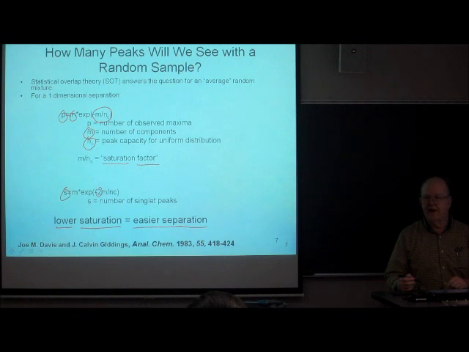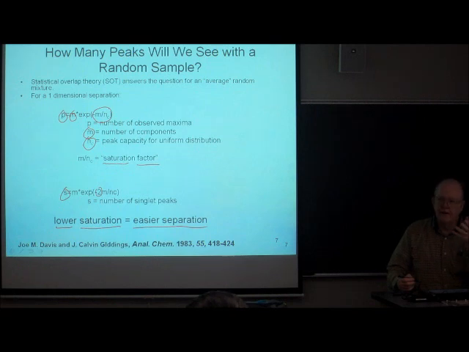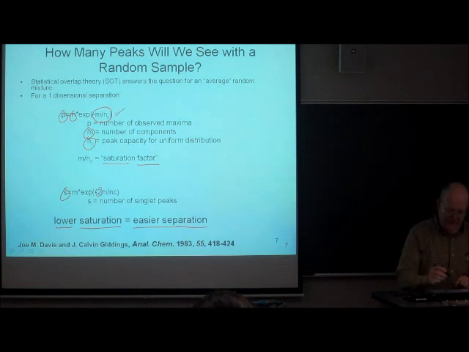The saturation factor would be 2 over 10, 0.2. If you had 4 peaks, that's a tougher separation, and the exponent of this equation is going to be minus 0.4 if you have 10 units of peak capacity.